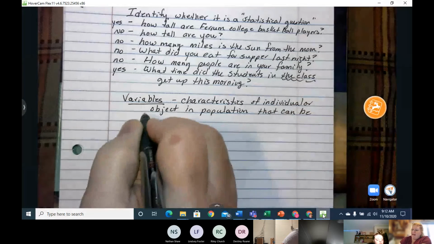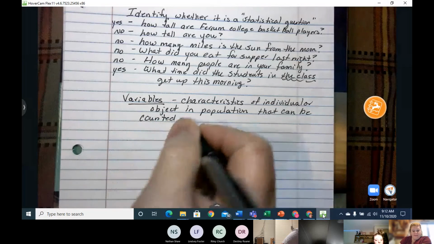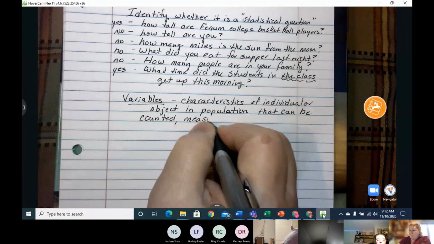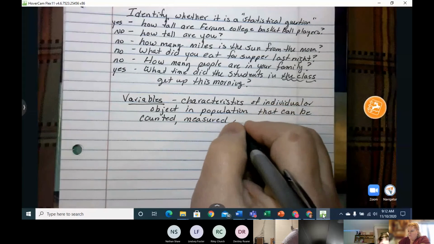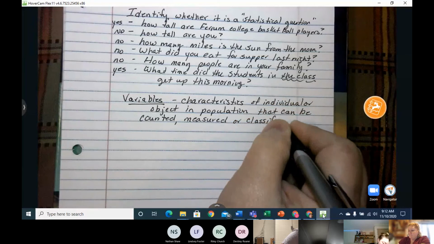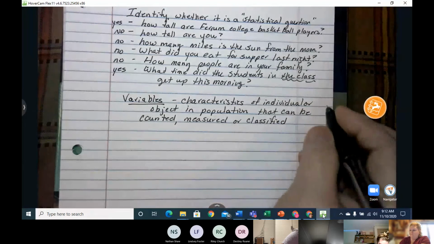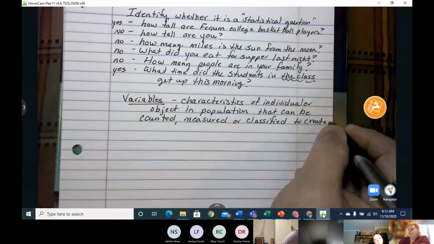It has to be able to be counted or measured or classified to be able to create your data.